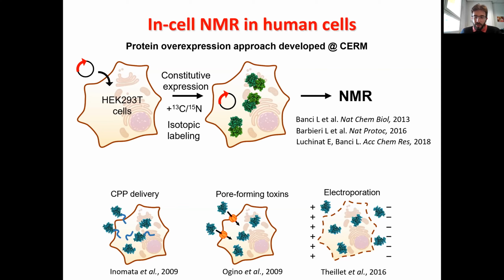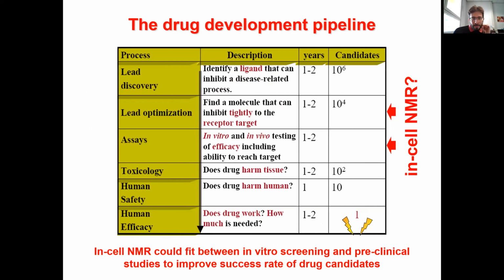This methodology is complementary to the other methods to deliver proteins inside human cells, which rely on cell-penetrating peptides or toxins, or electroporating the cells. With any of these methods, you can observe intracellular labeled proteins and get structural and conformational information.